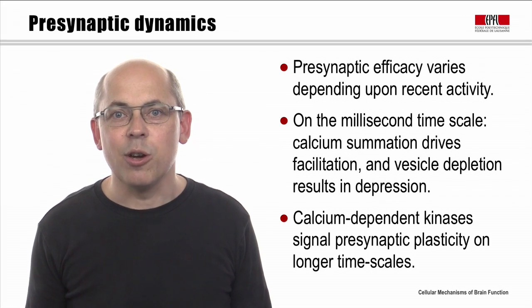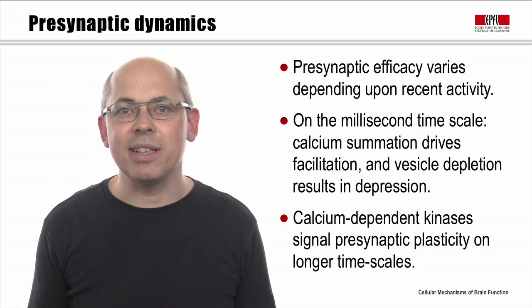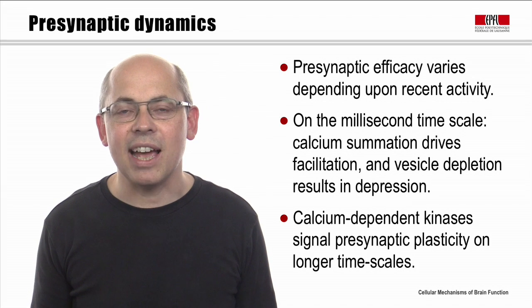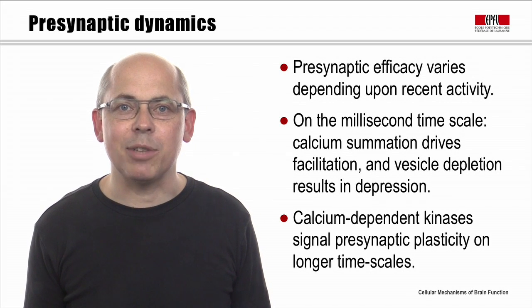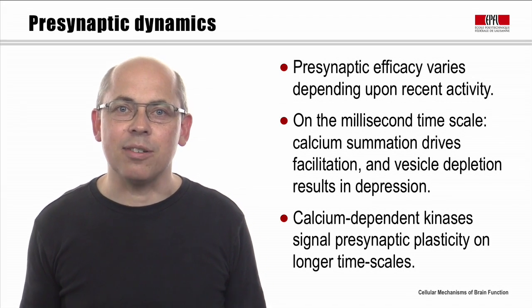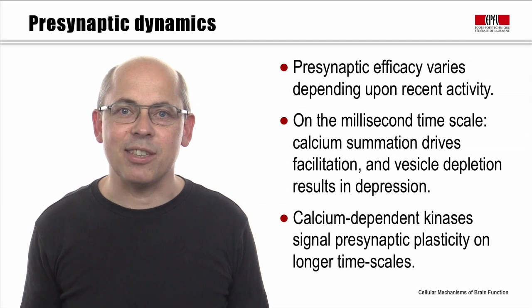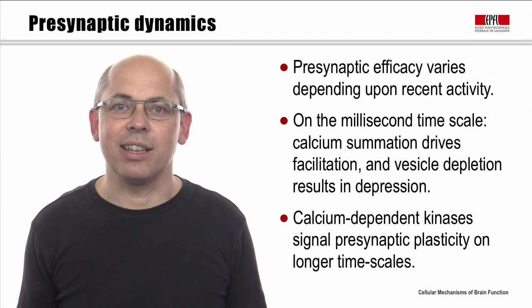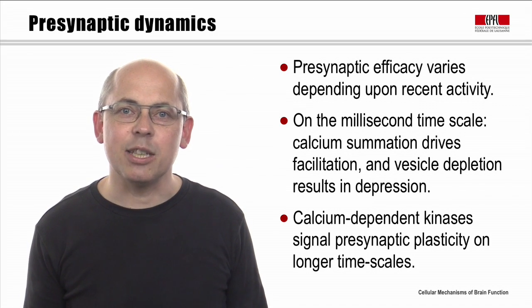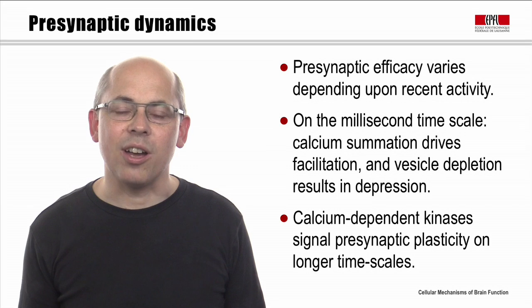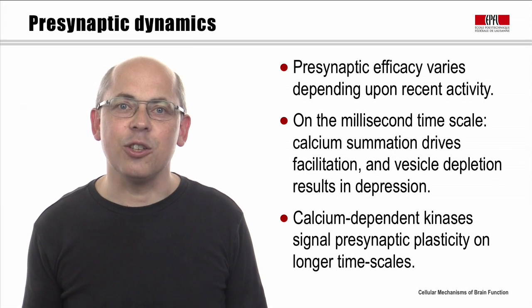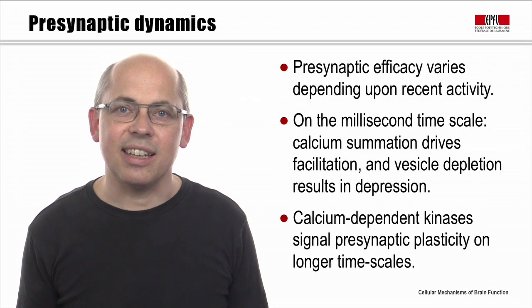Action potentials occurring within some tens or hundreds of milliseconds of each other can induce facilitation through summation of calcium concentrations in the presynaptic terminal, and they can induce depression through the depletion of synaptic vesicles and a reduction in the readily releasable pool.